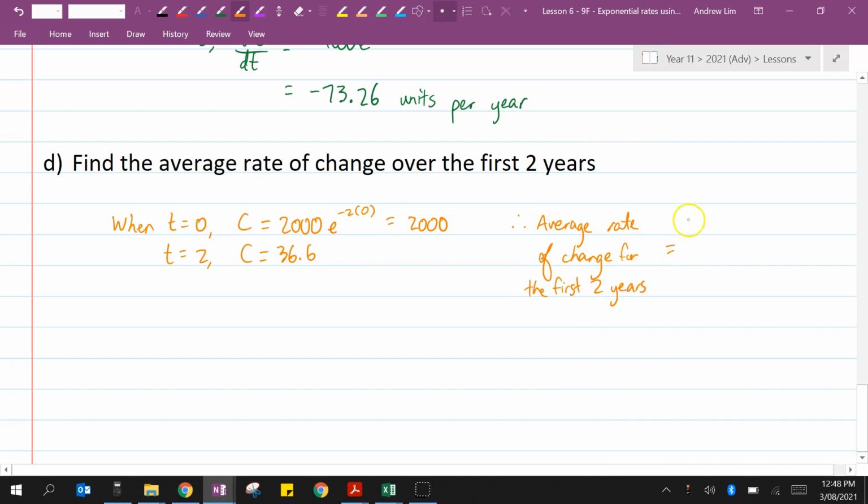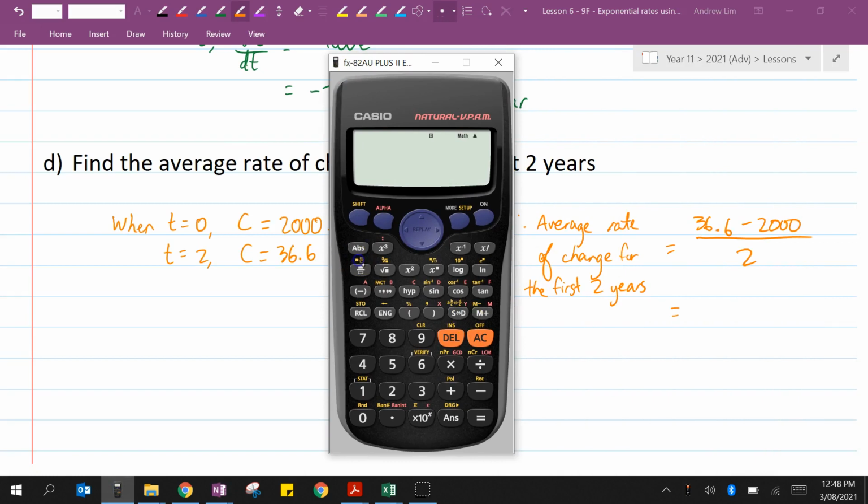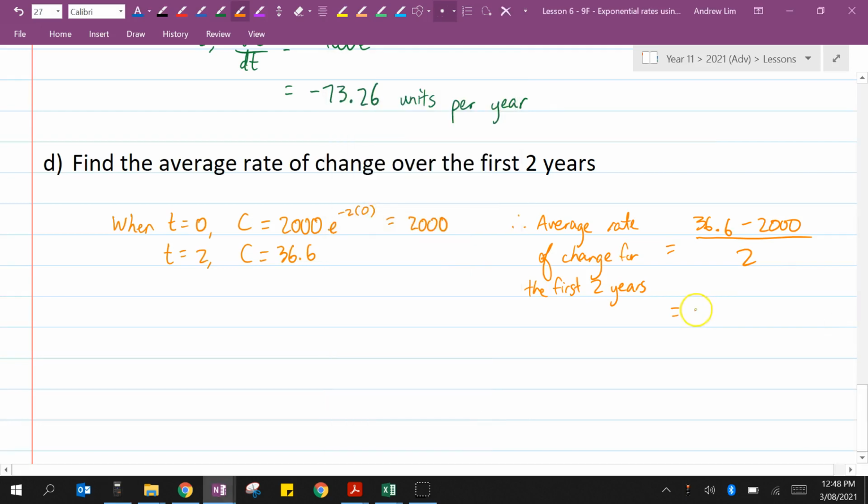It is going to equal how much after 2 years minus what it started with divided by how long it took. So after 2 years we've got 36.6. We started with 2000 and it took 2 years. So that's minus 981.7. I'll just say units per year. And this is on average. Okay, so that's it for this video.